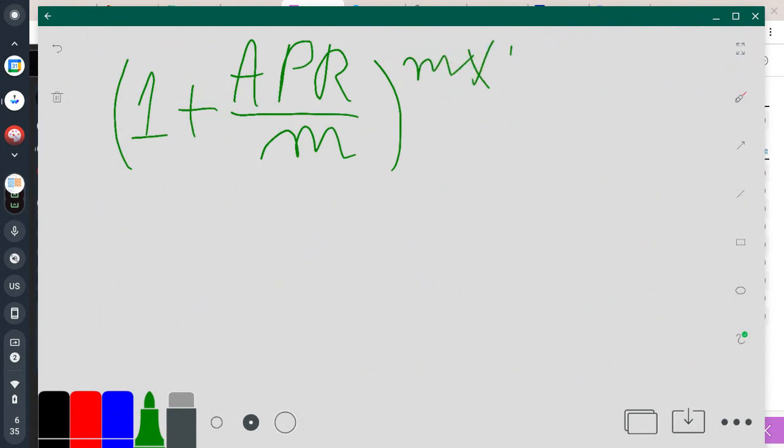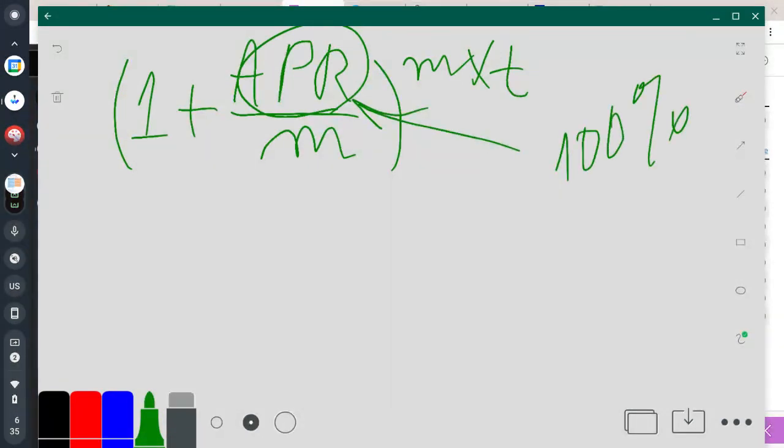And this is how we adjust the APR and time for M, right? But suppose APR is 100% and time is 1, okay? 100% means your money doubles every year, right? Because 100% return, right?